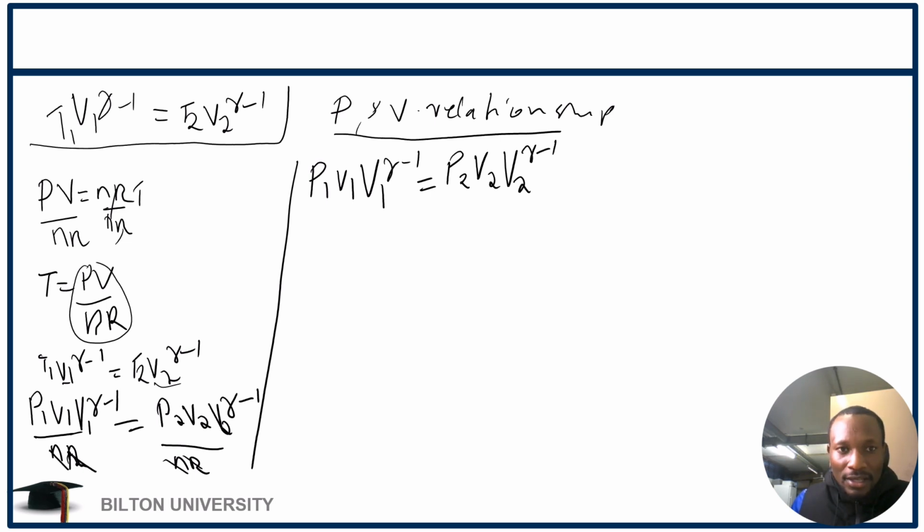This V is to the exponent gamma minus 1, the same as the one on the right, and they have the same base, so V is like exponent 1.